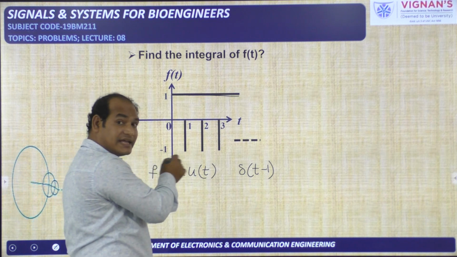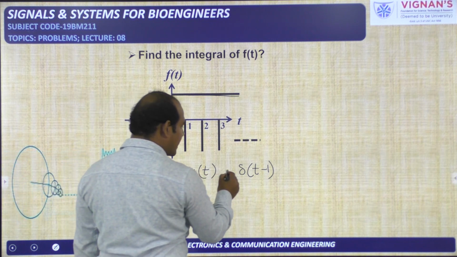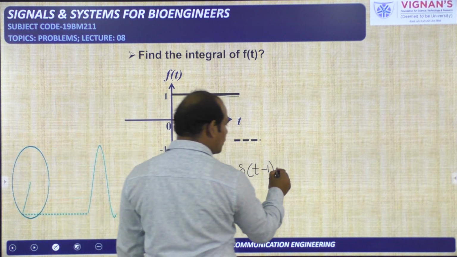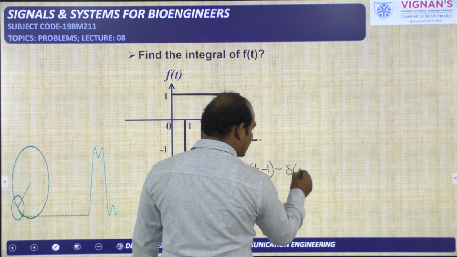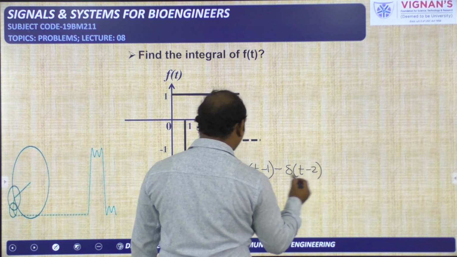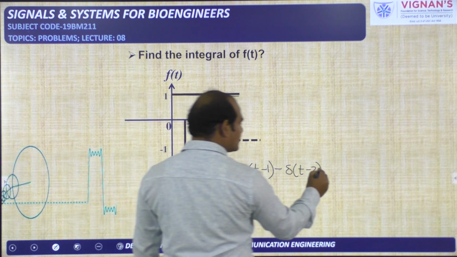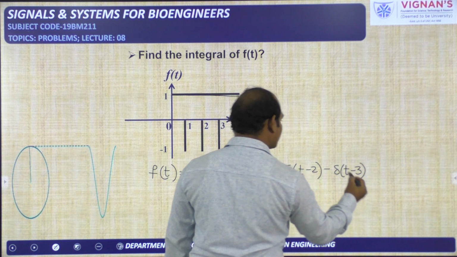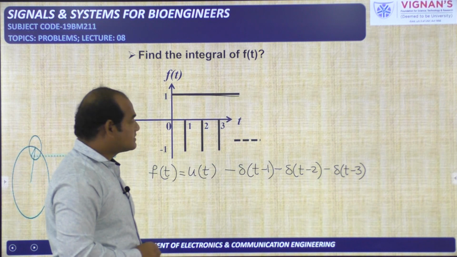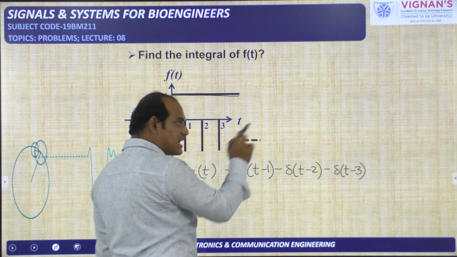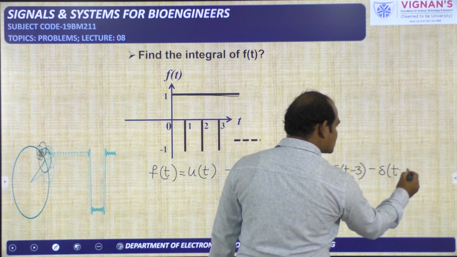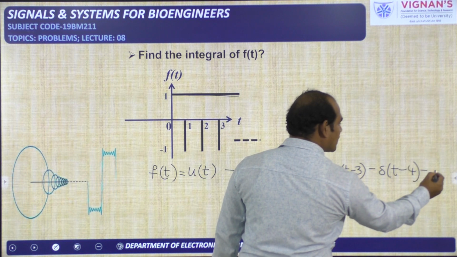This del of t minus 1 is representing the impulse availability at t is equal to 1, but here the amplitude is on the negative side. That's why here minus. This is the impulse available at t is equal to 2, that's why minus del of t minus 2, and this is minus del of t minus 3, and it is going on like this, del of t minus 4 and so on.